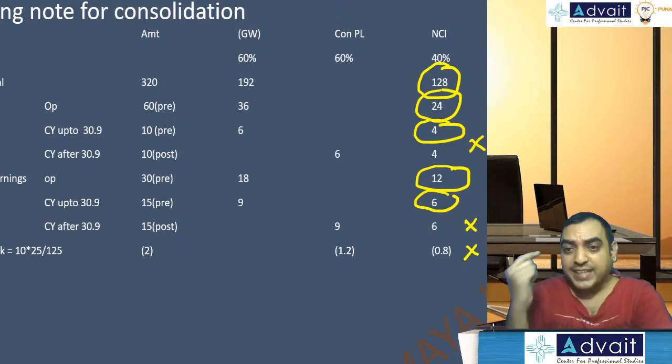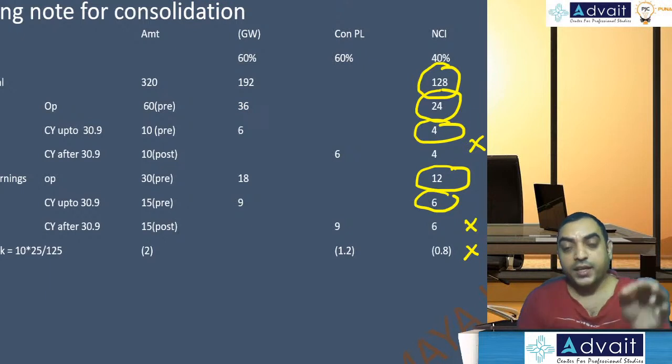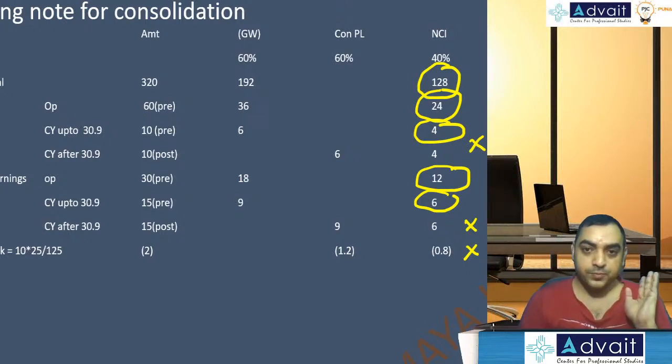Okay, so please add all these numbers now: 128 plus 24 plus 4 plus 12 plus 6. Can you tell me the total amount, my dear friends, how much it comes to?